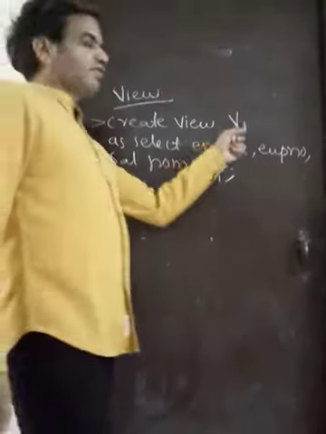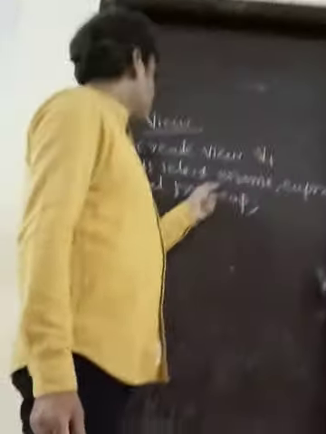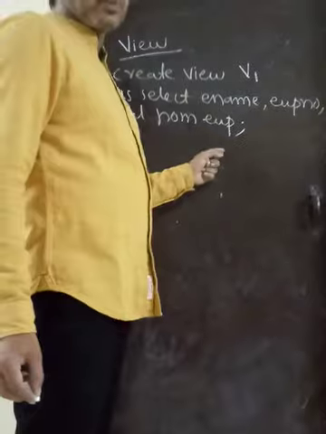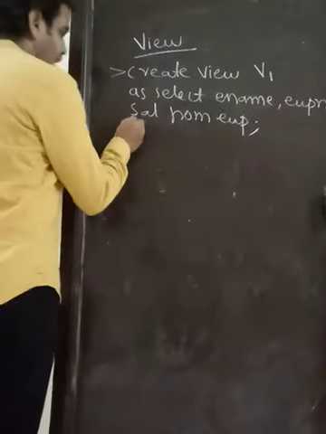In v1, which is the view, we are storing three columns of information of the employee table. Then accessing the view.